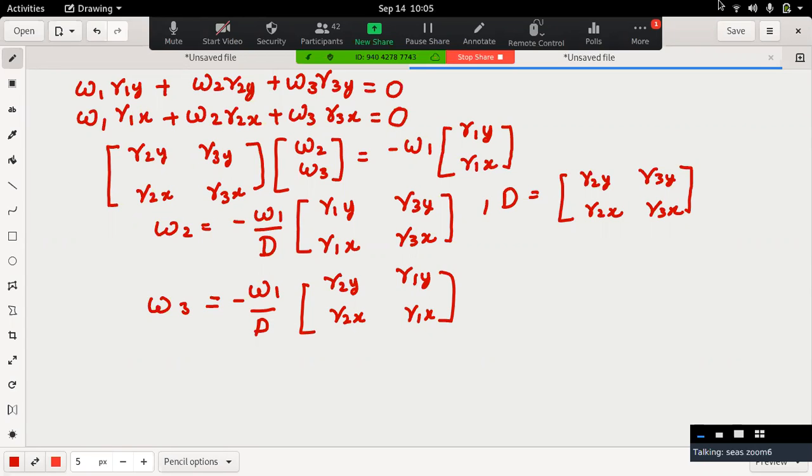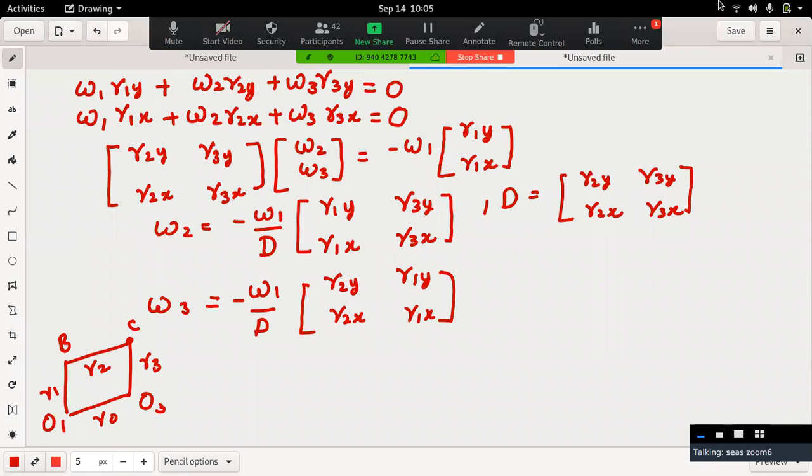And once we have the value of omega 2 and omega 3, we can determine the velocity of any point on this linkage system. So this was point C and this was point B. If you remember, this was point O1 and this was O3, with R1, R2, and R3.